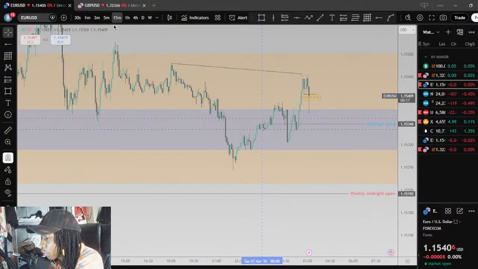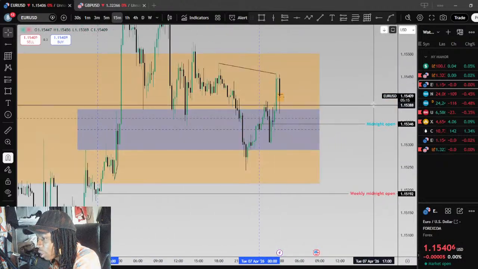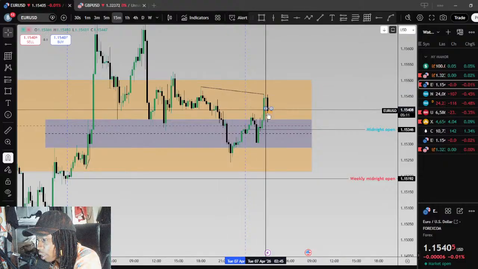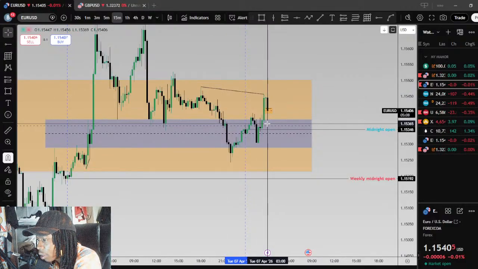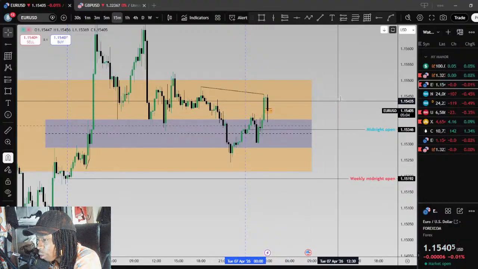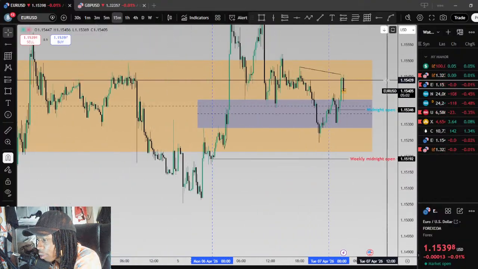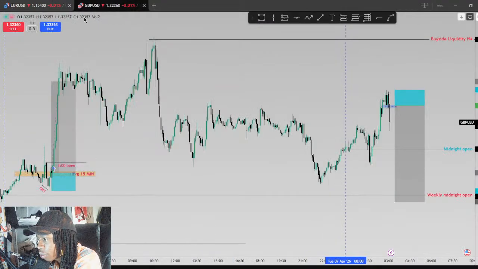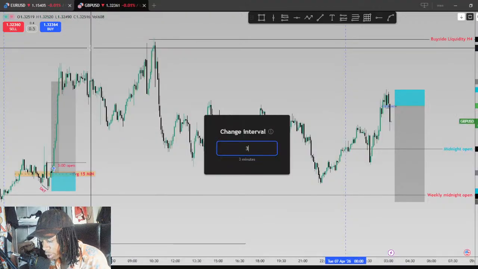Look at Euro's price action, by the way. It's funny, isn't it? At that deep retracement right there. Now we're rejecting away from it. Just give us an entry.